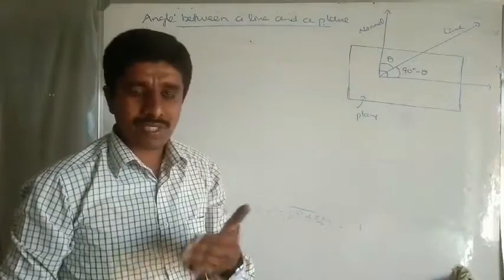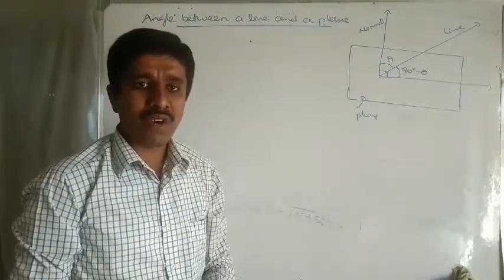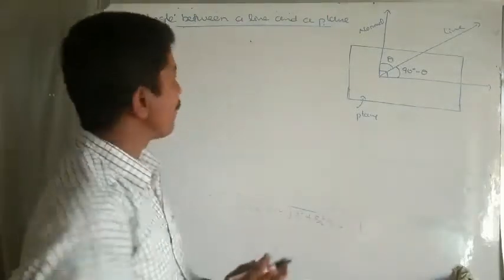Let us take the equation of the line. We know that in vector notation, vector r is equal to vector a plus lambda vector b.